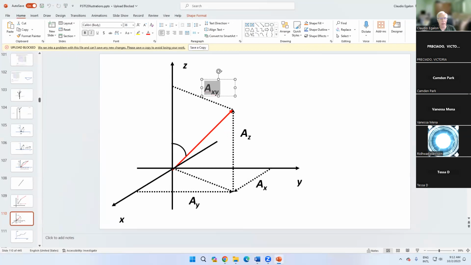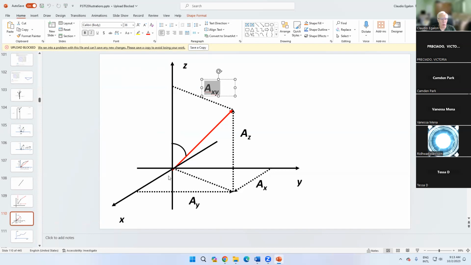So here you go. You want to know this angle here, right? I even already put the angle. The tangent of this angle here is going to be what? The magnitude of the vector in the xy plane divided by the magnitude of the z component of the vector. Make sense?